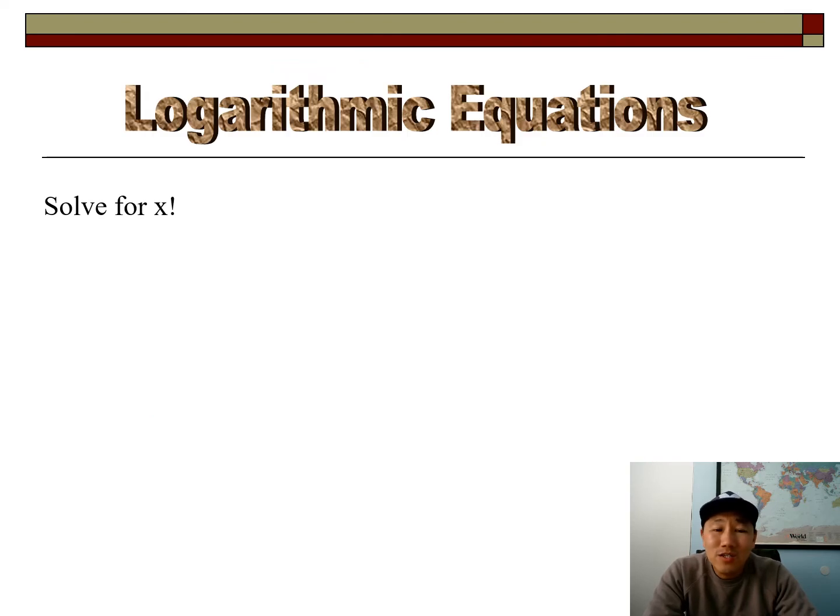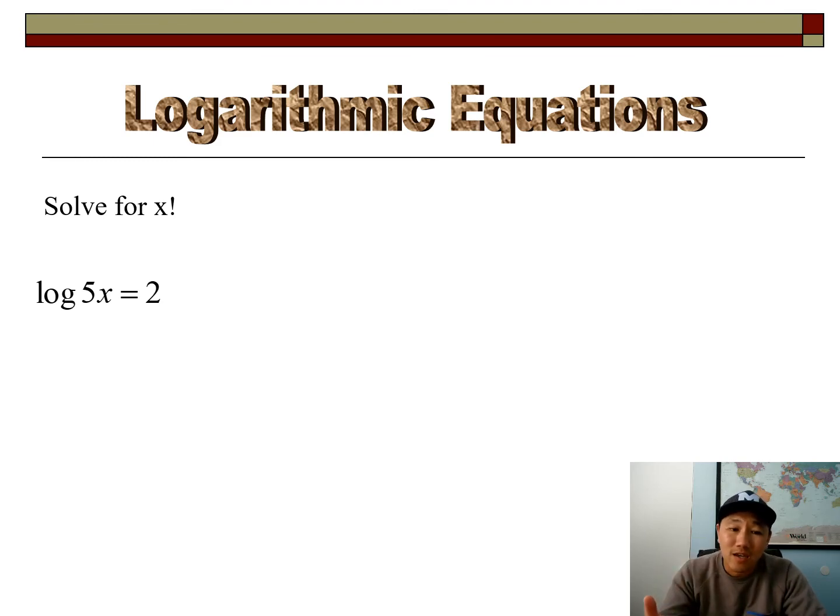What about equations that have log in them already? Like this one. Log, again, when there's no base, it's base 10. So log of 5x equals 2. When they give you an equation with log in it, change it to exponential form.